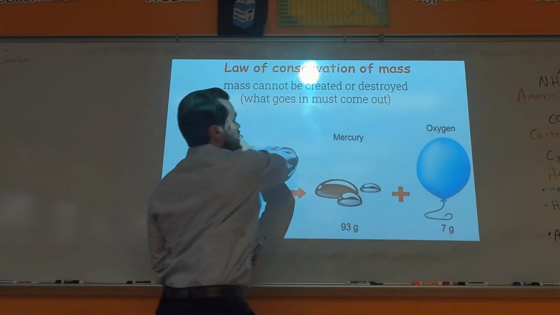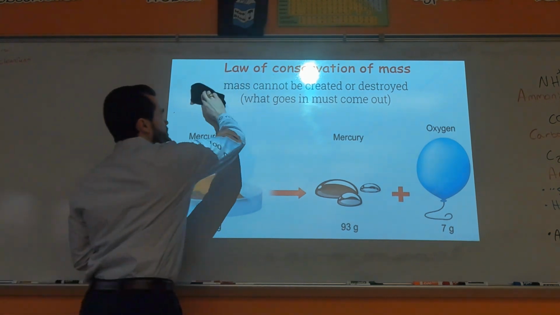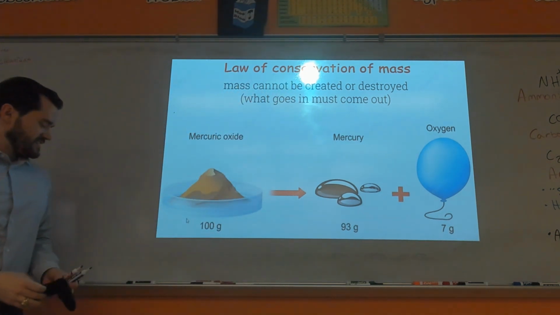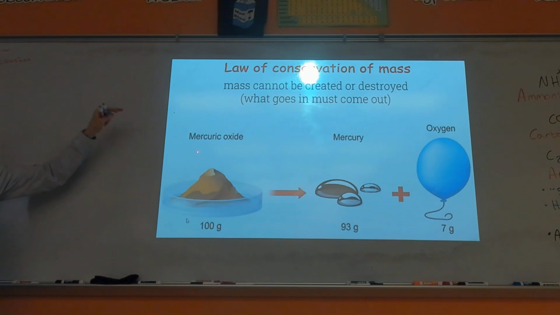In other words, what goes in must come out. And that's an idea you should have heard at some point throughout your science career, right? Let's say I have a reaction where I have 100 grams of mercuric oxide. The products I create are mercury and oxygen.